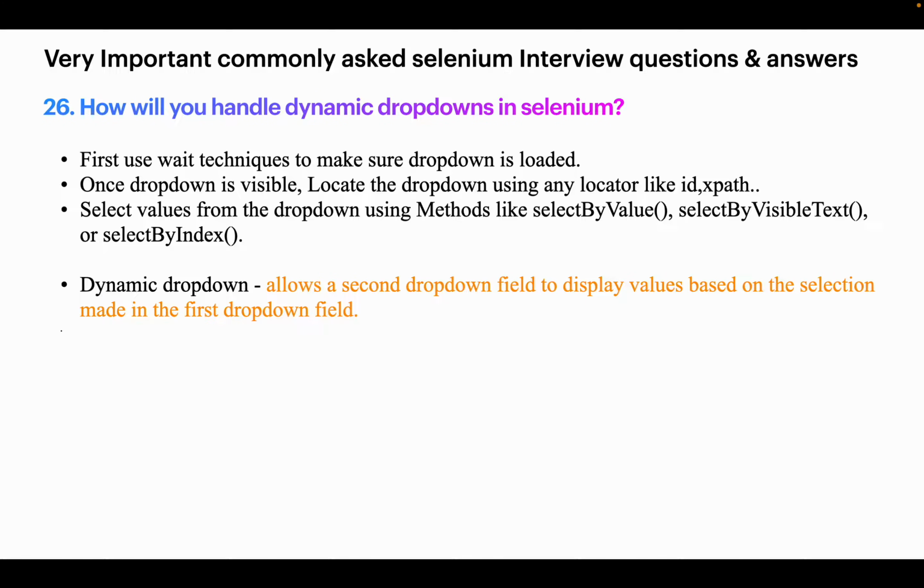So what we can do in this case is use wait techniques to make sure the dropdown is loaded. Once you click the first element, to make sure the second element is loaded, make sure you are using a wait concept there. Once the dropdown is visible, locate the dropdown and identify it using any locators. Then you can use select by value, index or visible text to automate that dropdown.